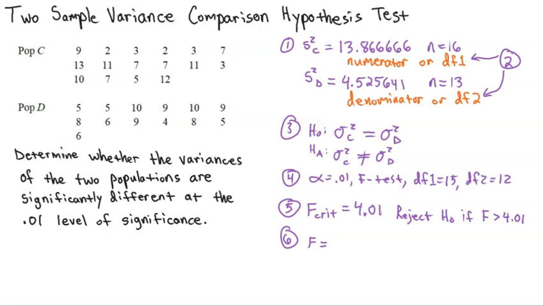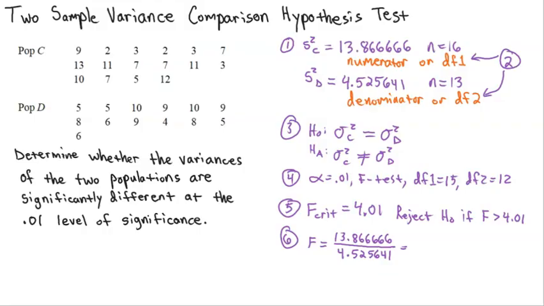F is equal to the numerator, 13.866666, divided by 4.525641. Now we need to go over to a calculator.